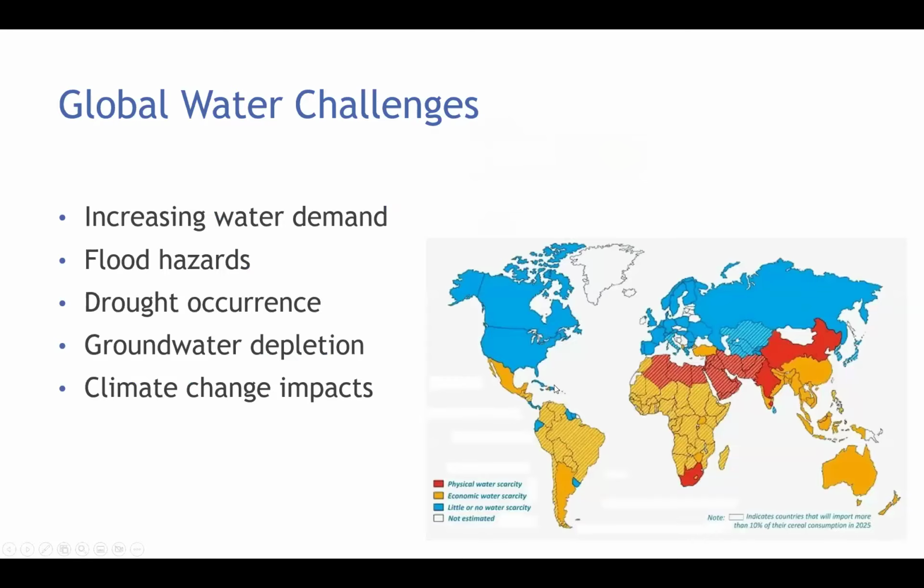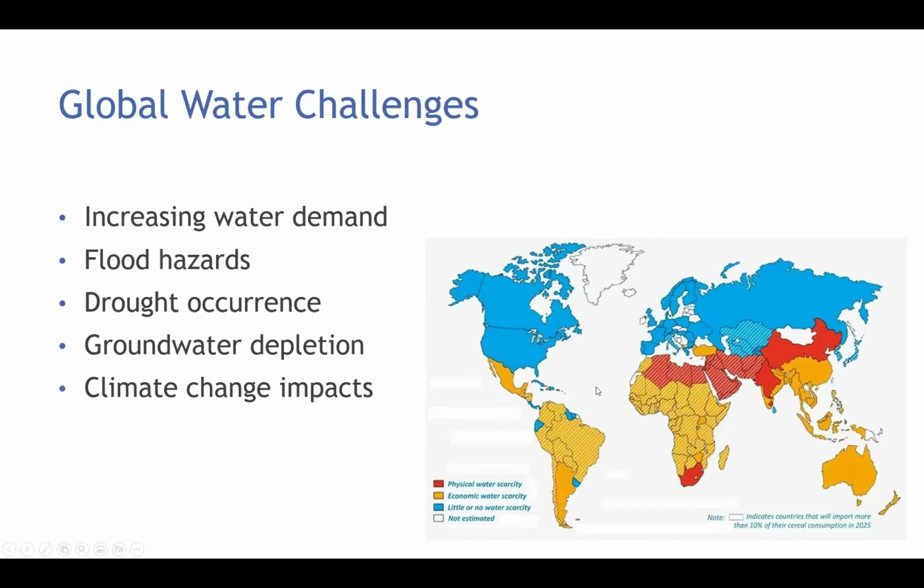So now, before getting into the actual topic, let us look into what are all the global water challenges that we are facing today. We know that our population is ever increasing, and access to clean water is not there for everyone, specifically people living in developing and underdeveloped nations. There is ever increasing water demand, and you can see the map shown here.